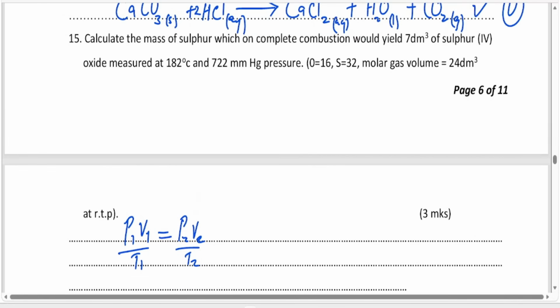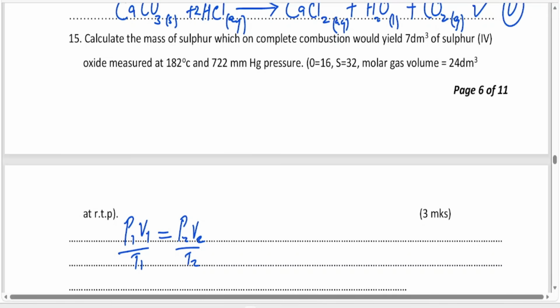This particular gas, we are given the values of the volume, the pressure, and the temperature, and then we are told to determine the volume when maintained at room temperature and pressure.